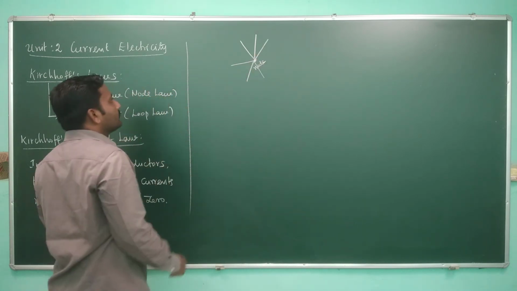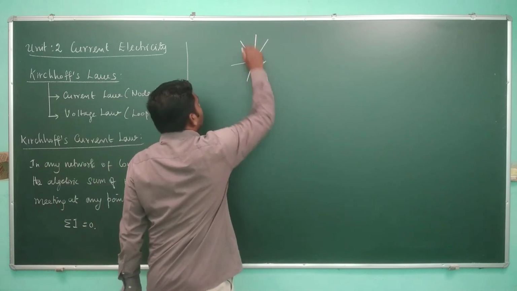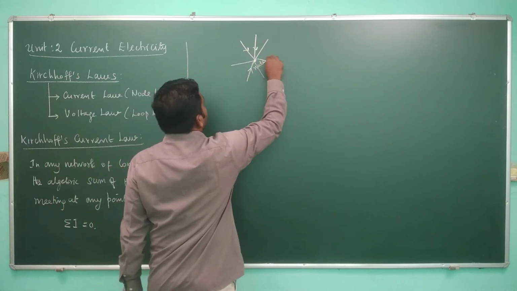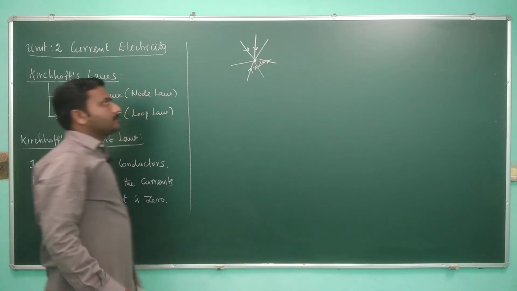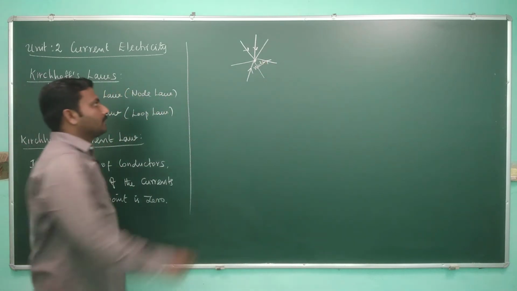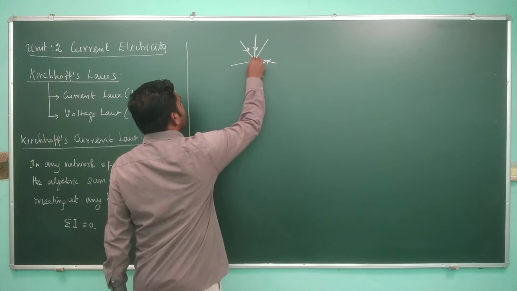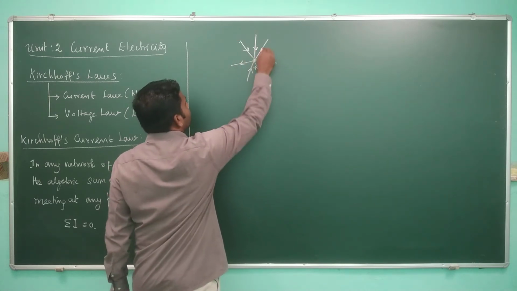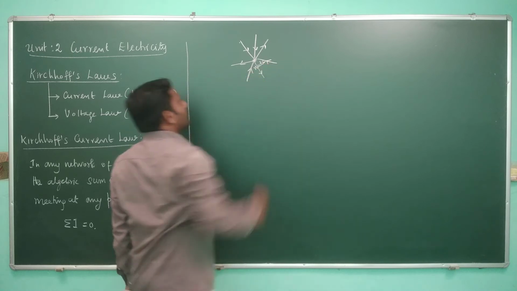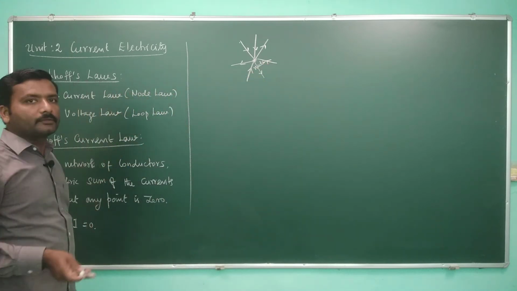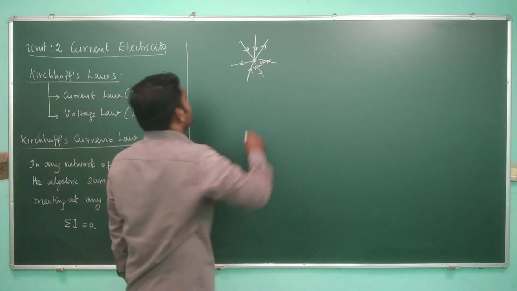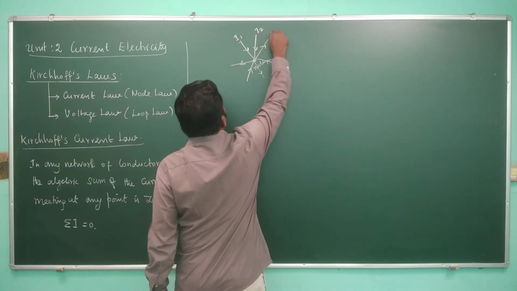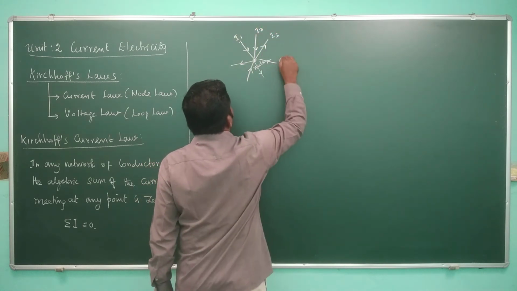Assume that some of them have inward flow of currents, that is, the currents are passing towards the node, and some of the wires have currents passing away from the node.